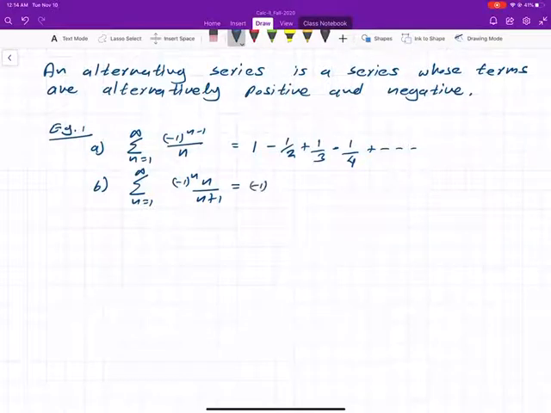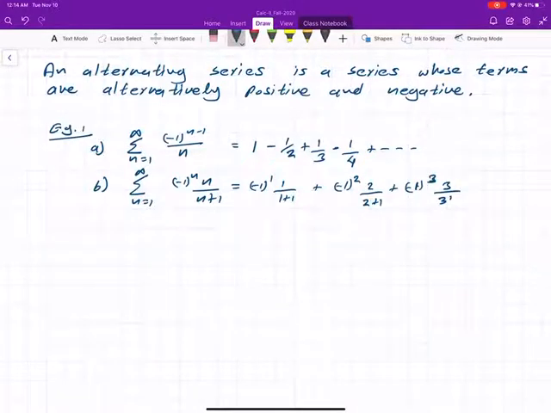First term is negative 1 to the power 1 over 1 plus 1, plus negative 1 to the power 2 over 2 plus 1, negative 1 to the power 3 over 3 plus 1, and negative 1 to the power 4 times 4 over 4 plus 1, and so on.